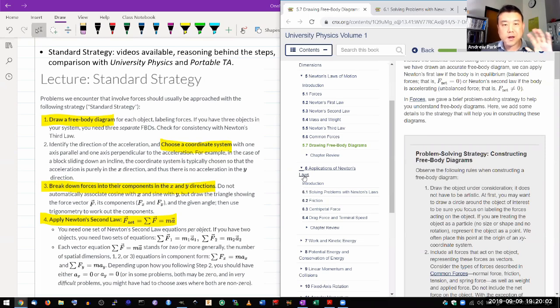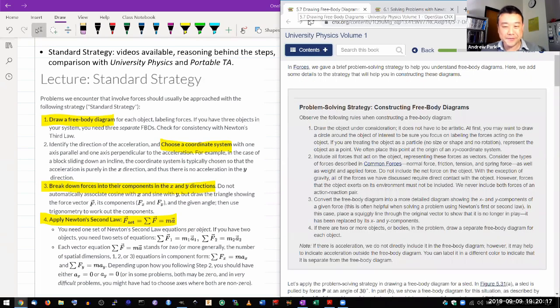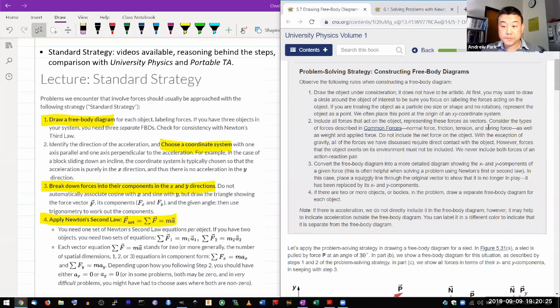So in that organization of the textbook, the whole layout of this strategy gets broken up into 2 pieces, which I think is a little bit unfortunate. The first part is in section 5.7, in problem solving strategy, constructing or drawing free body diagrams. So this is what your textbook says, and let me just draw the comparison.